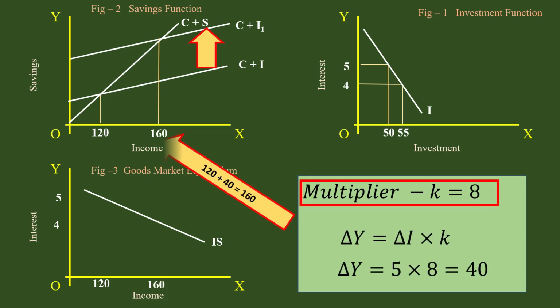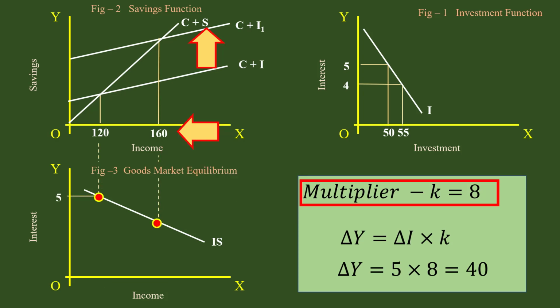But income increases by multiplier times the increase in investment. 5 times 8, 40 rupees. New income is 120 rupees plus 40, 160 rupees. The income interest combinations 125 and 164 are points on the IS curve.